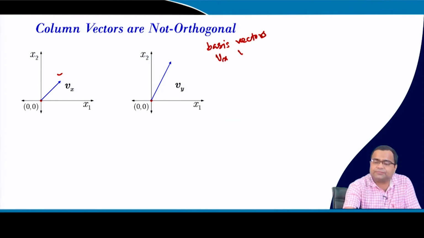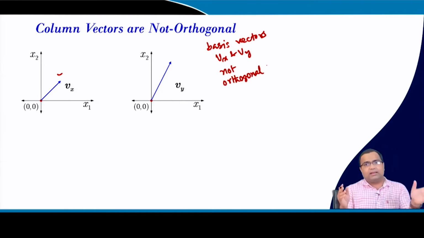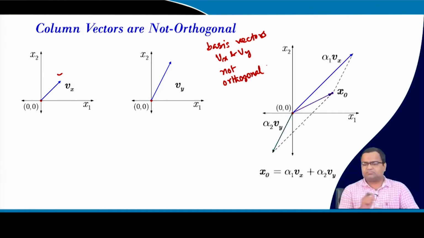They are not orthogonal because the angle between them is less than 90 degrees, but greater than 0.